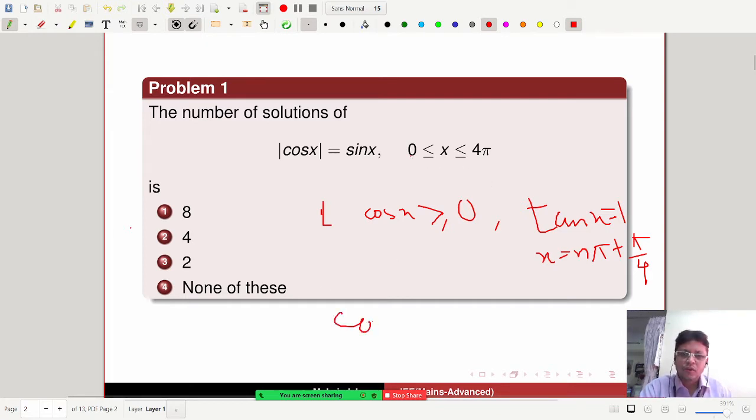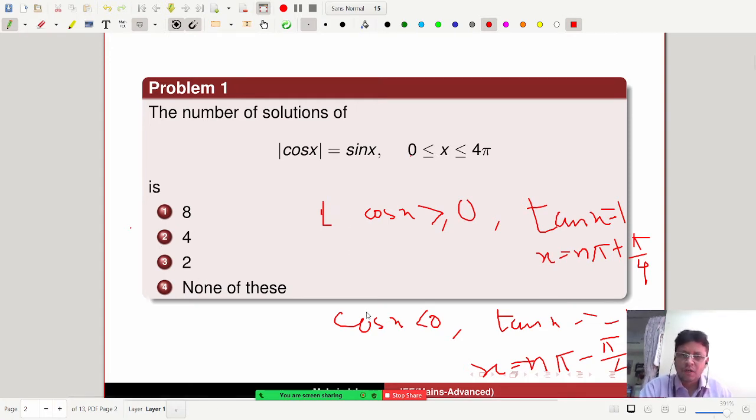Again, if cos x is less than 0, then mod cos x is minus cos x and you have tan x equal to minus 1. So in this case the general solutions are n pi minus pi by 4. Again, you can get the values of x satisfying this interval using x equal to n pi minus pi by 4. So you have two values here, and two values here. So the answer will be 4.